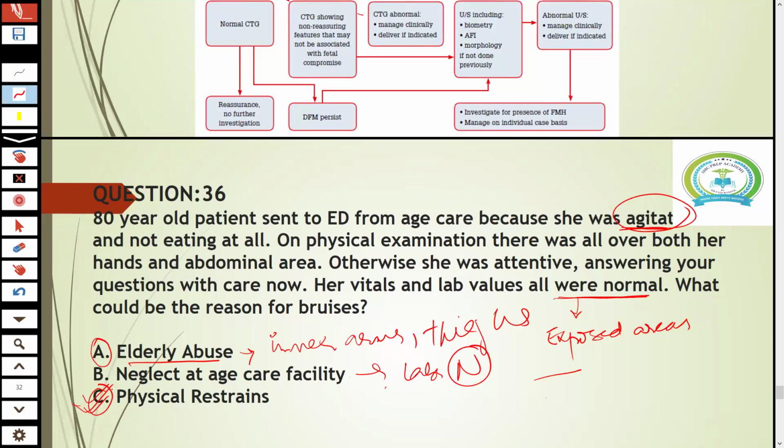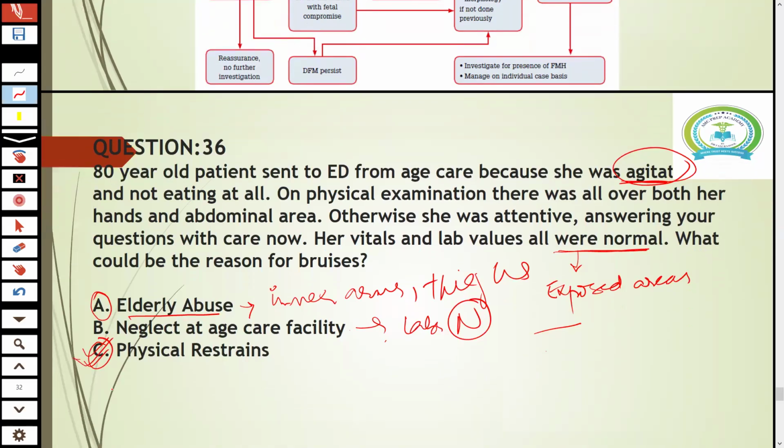That's how they confuse you with different scenarios. Is everyone clear with this? Because these ethics sort of questions are a bit tricky. You need to be very attentive and focused while solving them.